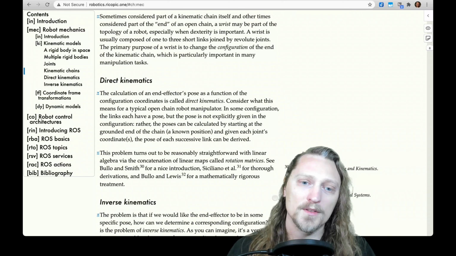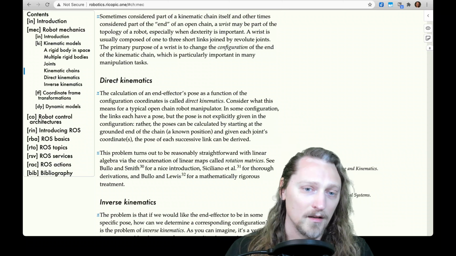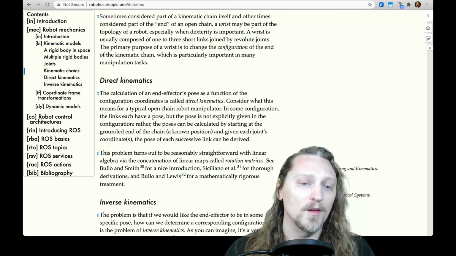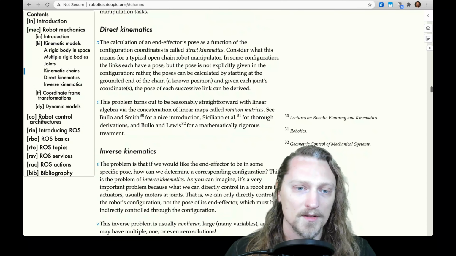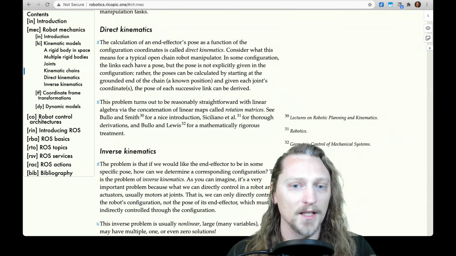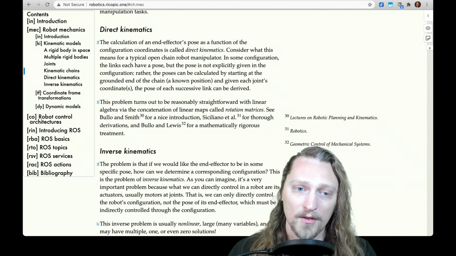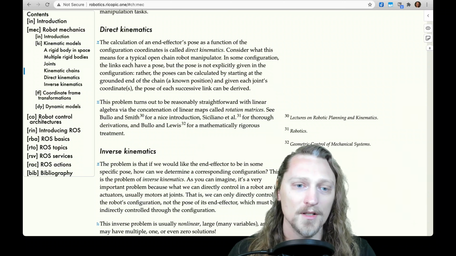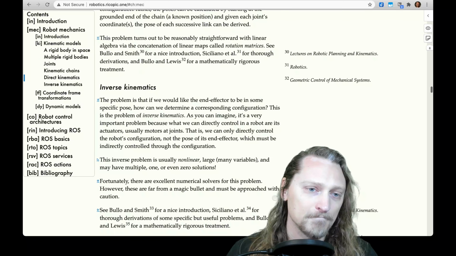Rather, the poses can be calculated by starting at the grounded end of the chain, a known position, and given each joint's coordinates, the pose of each successive link can be derived. This problem turns out to be reasonably straightforward with linear algebra via the concatenation of linear maps called rotation matrices. See Bullo and Smith for a nice introduction, Siciliano et al. for thorough derivations, and Bullo and Lewis for a mathematically rigorous treatment.